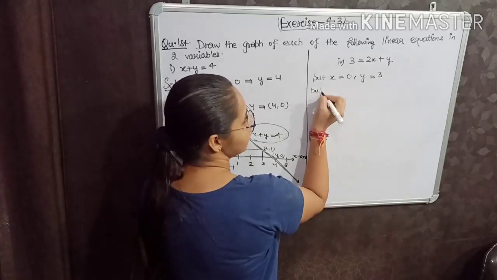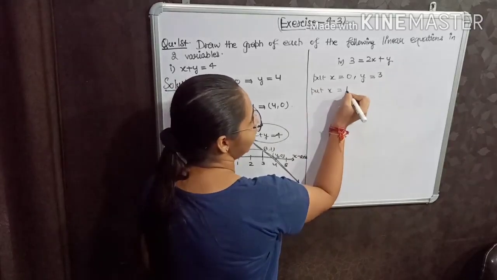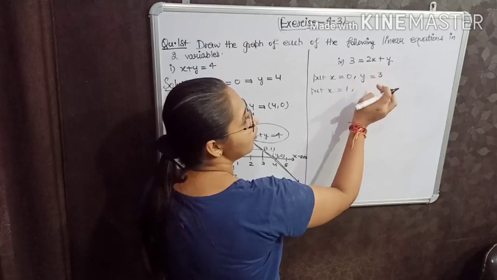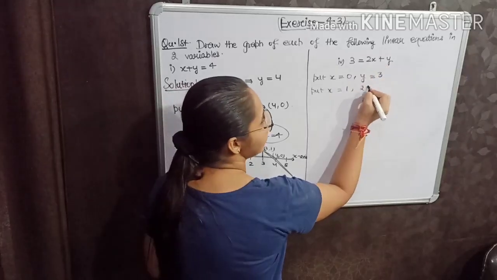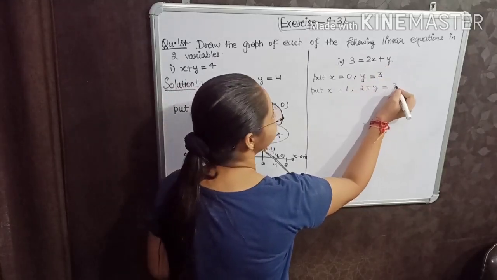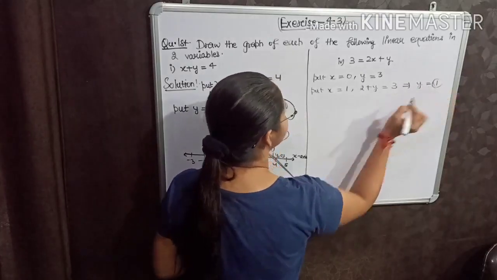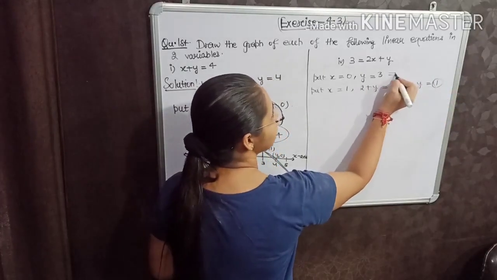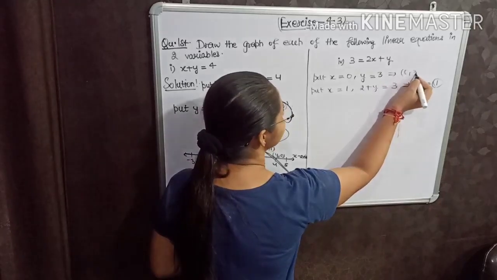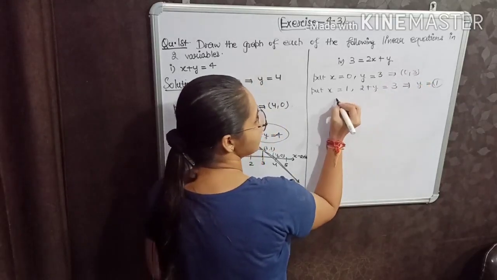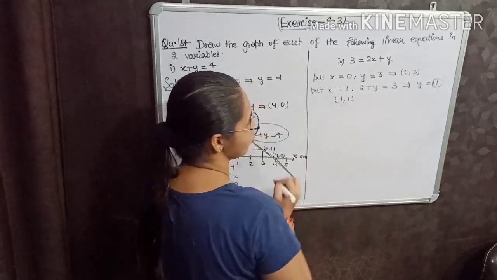Put x is equal to 1. It will give you 2 plus y is equal to 3, and it will give you y is equal to 1. So from here you can say that 0, 3 is a solution and 1, 1 is a solution.